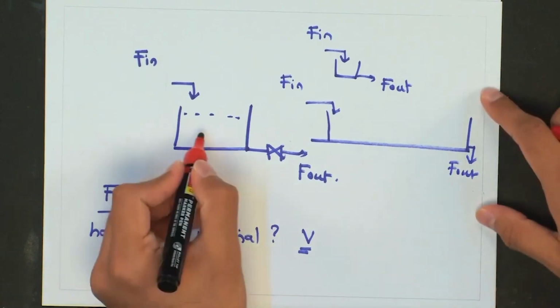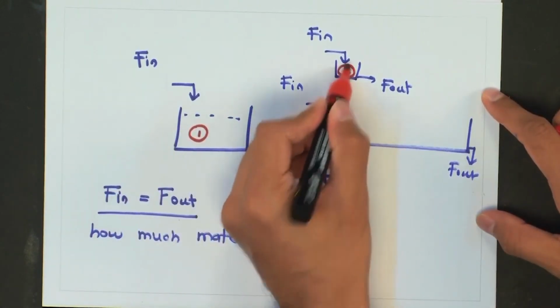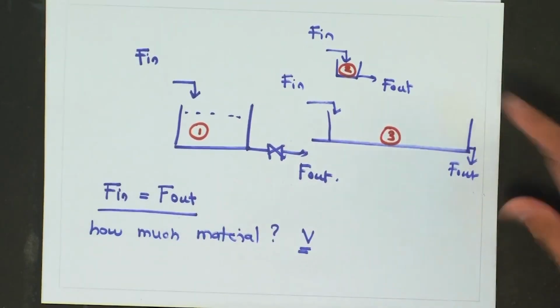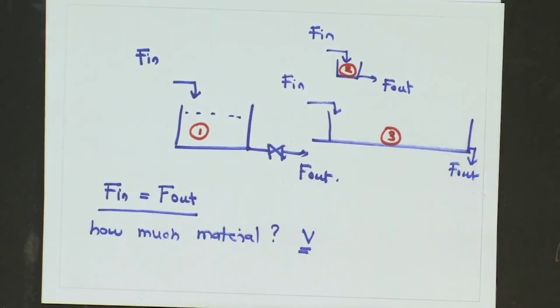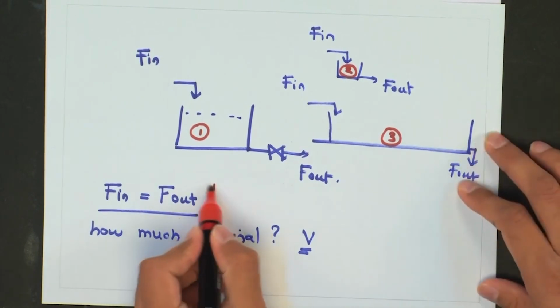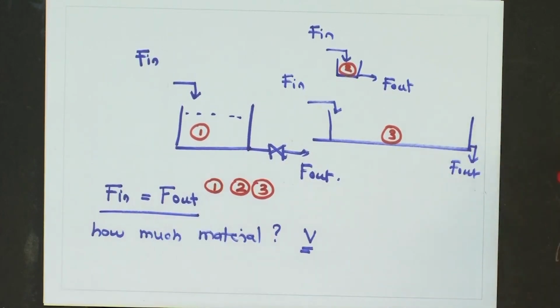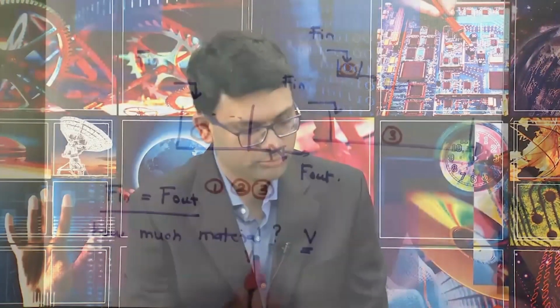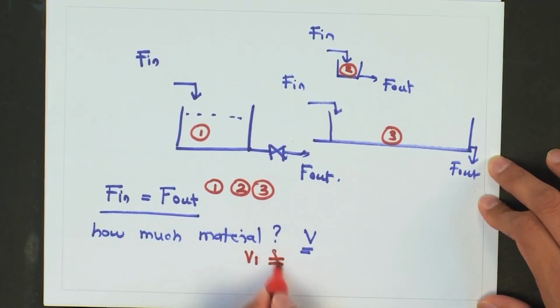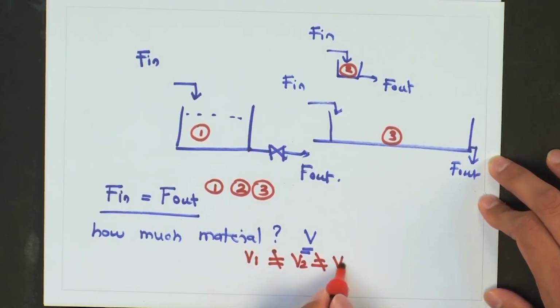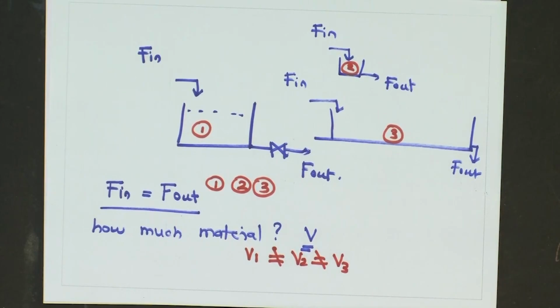So if I take tank 1, tank 2, tank 3, F in is equal to F out for tank 1, tank 2 and tank 3. So in terms of steady state, all these 3 tanks are similar, but the volume of 1 is not equal to volume of 2, is not equal to volume of 3. So these 3 systems are different, but in terms of steady state they are giving me the same information.